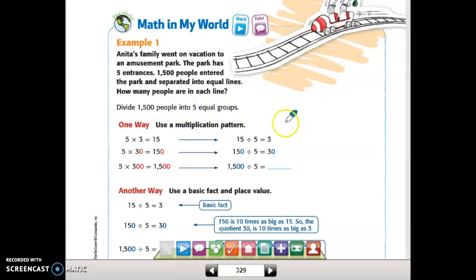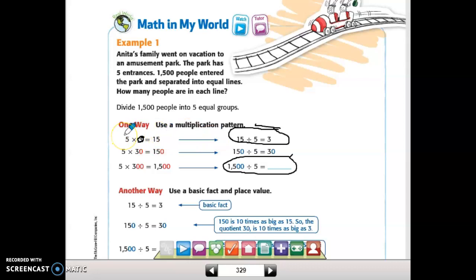So what you have here is the actual problem, and they backed up to the basic fact when you remove those zeros. So we have 15 divided by 5, and if you're not clear on that, you can go back and say 5 times what is 15, and then you'll see 5 times 3 is 15.